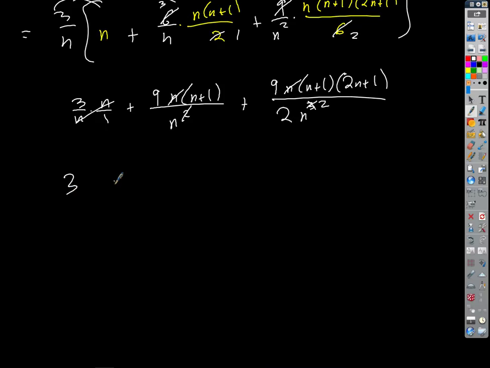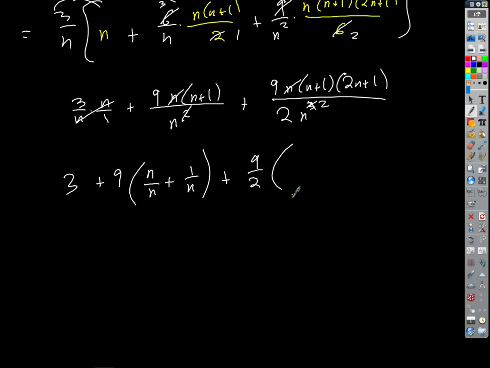What about here? On this one, if I split the fractions up, I'm going to get 9 times n over n plus 1 over n. N plus 1 over n, same thing, everybody agree? Okay. Here, I'm going to get 9/2 times, let's go ahead and expand out the top.